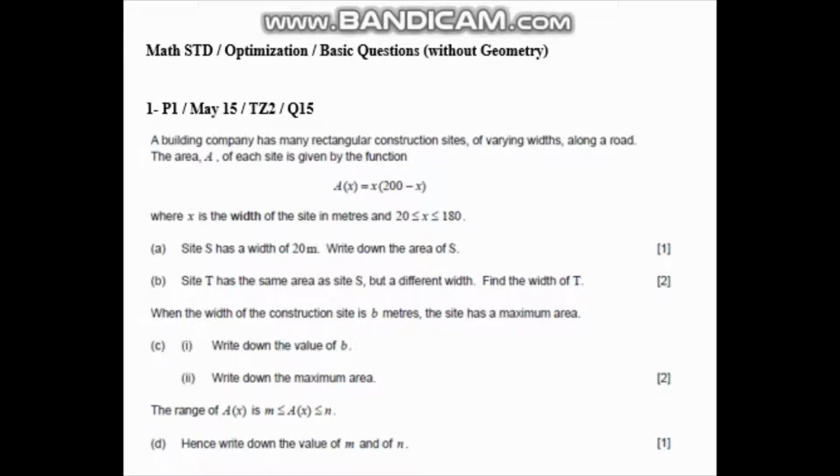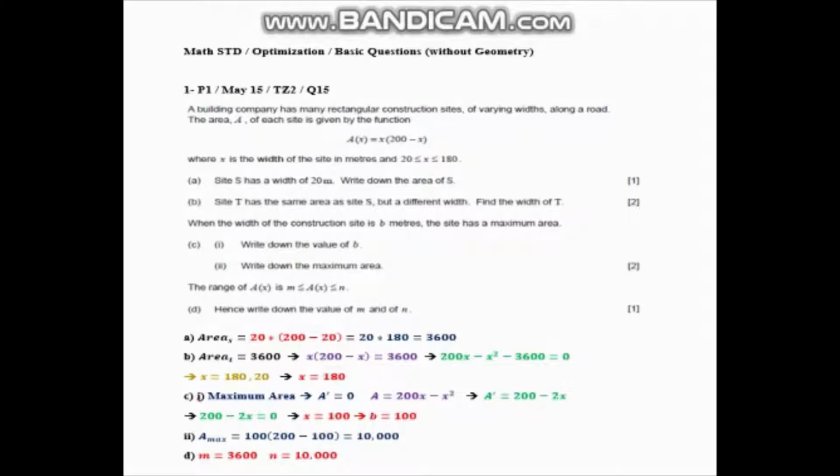So the first question that we shall tackle came in paper 1, May 2015, time zone 2, question 15. Kindly take a minute and attempt to solve, and the answer shall follow through shortly. So we are told that a building company has many rectangular construction sites of varying widths along a road.